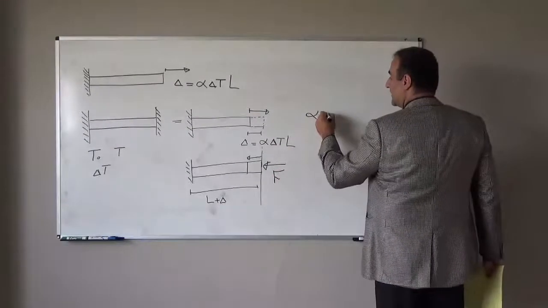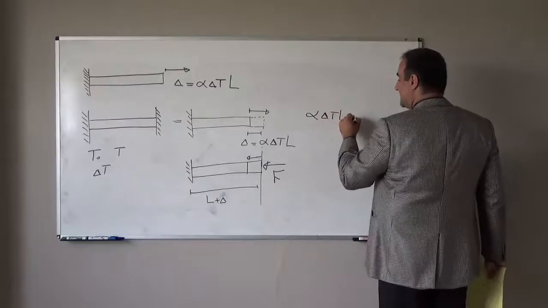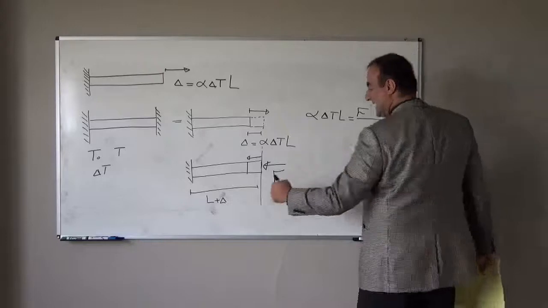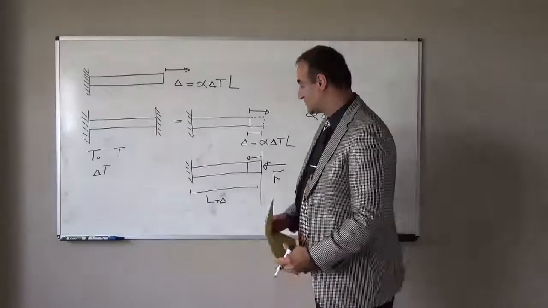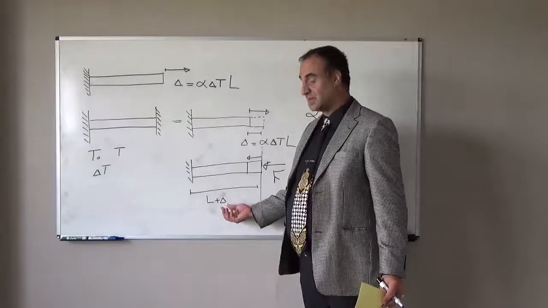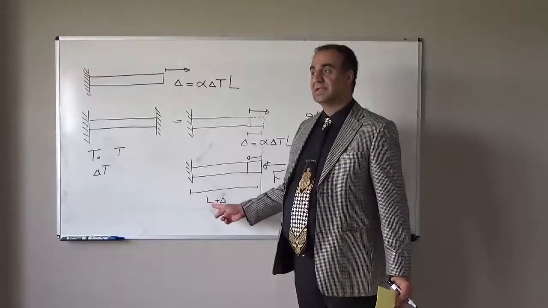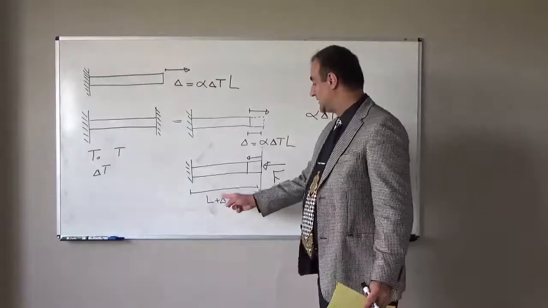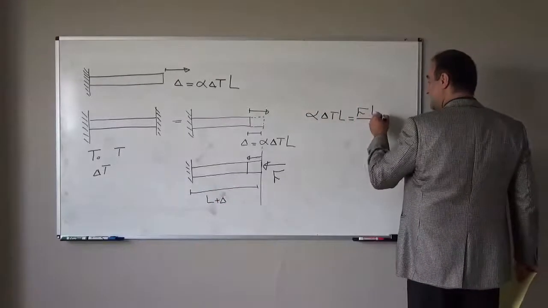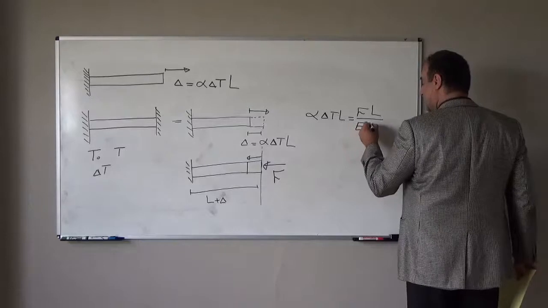So alpha delta T L should be equal to force times length. Here you can assume L plus delta, but because delta is so small compared with the initial length, you can neglect it and assume the length is L. So it should be equal to F times L divided by EA.